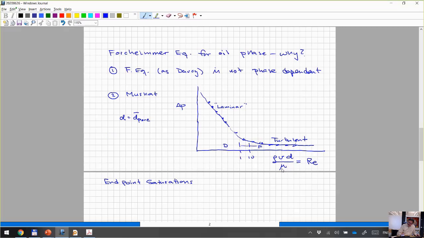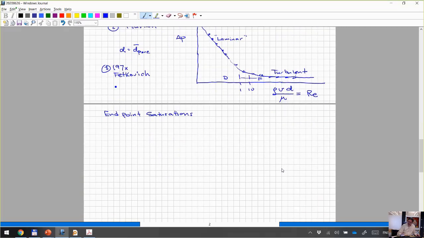What's interesting, in a paper in 1970, I'm not sure when, Mike Fetkovich, again, published data from the initial well tests of the Ekofisk field.